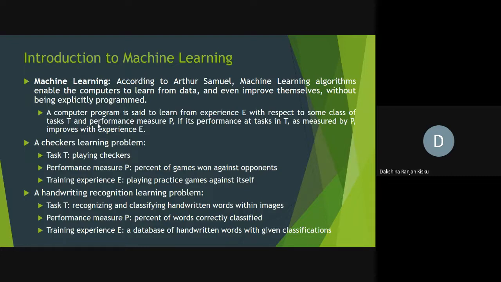Okay, so we will provide the data in such a way that the machine learning algorithm can learn and improve its performance gradually. Here the training experience refers to a data set. We provide the data set in such a way that the algorithm can learn from the experience, or from the given data set, so that it can improve its performance gradually.